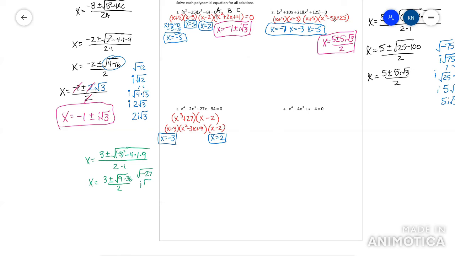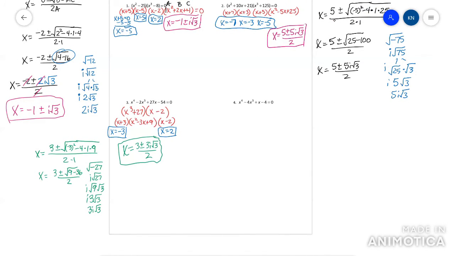Take the I out. Call root 27 root 9 times root 3. Root 9 is 3, so it's like I3 root 3, which we're going to change to be 3I root 3. So when it's all said and done, this answer turns into 3 plus or minus 3I root 3, and it's all over 2. And I can't reduce all three of those coefficients, so I leave it like that.